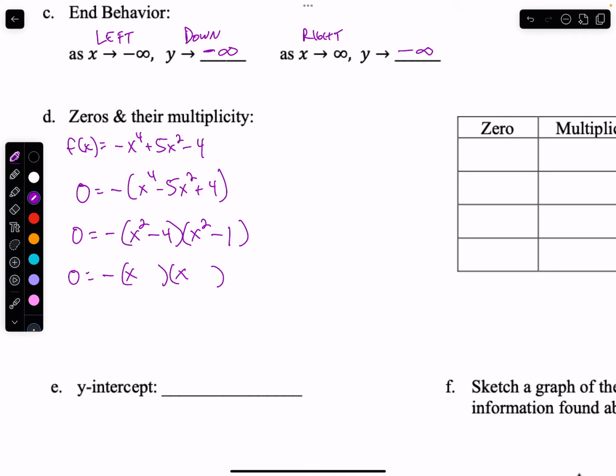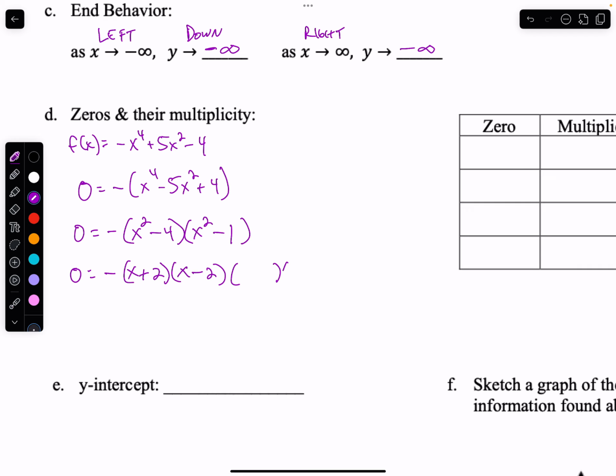I could keep factoring. So I get 0 equals negative, and I'm just factoring this one. I know that x squared makes x and x, and 4 will make 2 and 2, a difference of two squares, positive and negative. Then this one will make 2 more factors: x and x, because x squared is x times x, and the 1 will be 1 and 1.